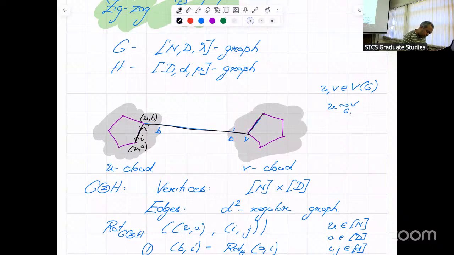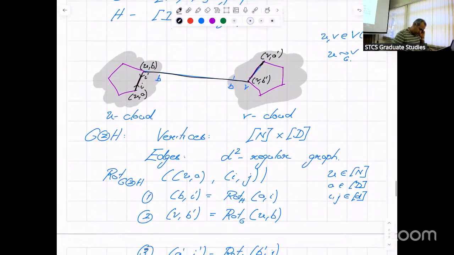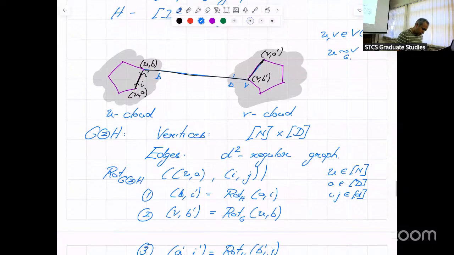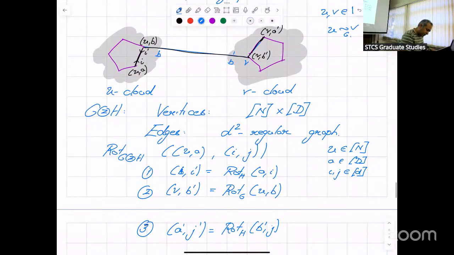This is the cloud V comma B prime. I'm going to V comma A prime. Should have done it differently, okay, fine. I'm not going to change things. V comma A prime, and this is J from this point of view, and J prime from that point of view.